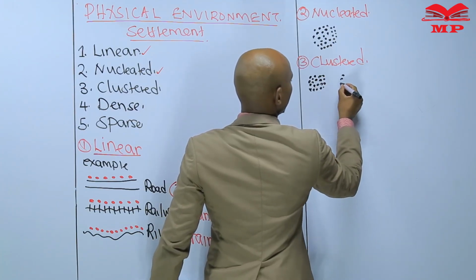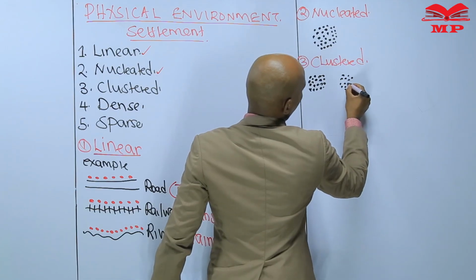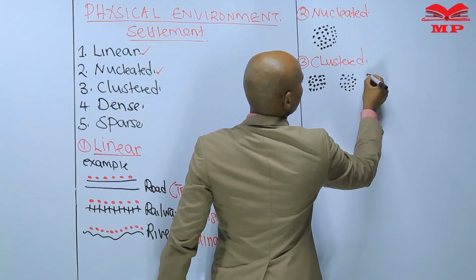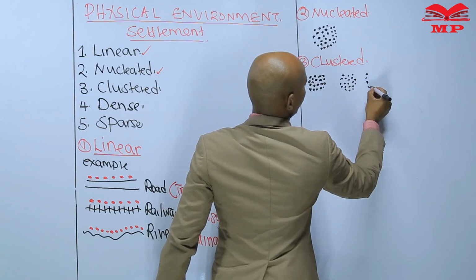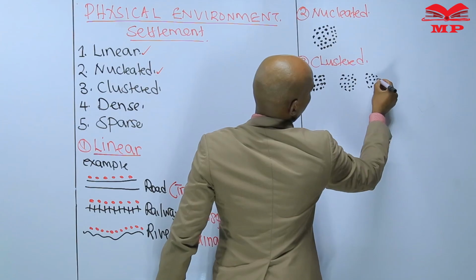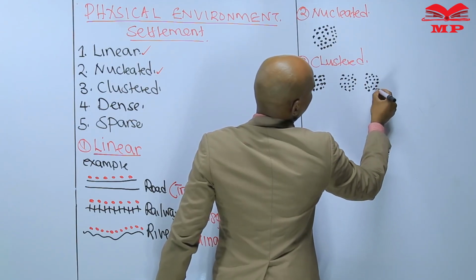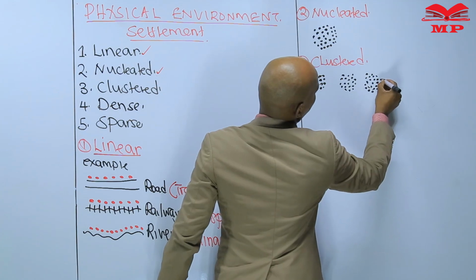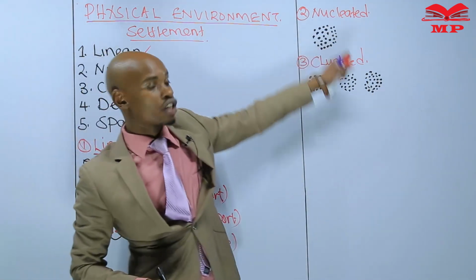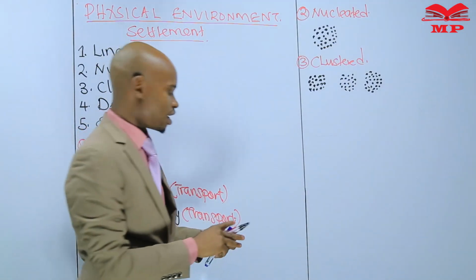But when the map has more than one group, several groups of settlement, then we say we have clustered settlement. One group, nucleated. Several groups, clustered. Please do not confuse the two. They are related, yes, but they are different in a way.